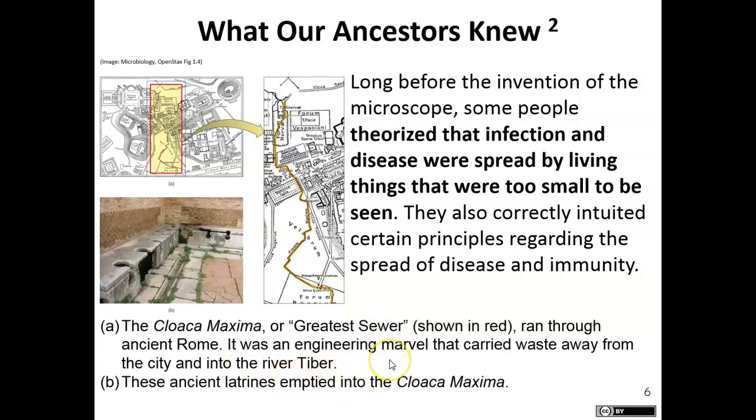So not the most sanitary thing. I mean, just dumping it into a river just causes other problems, but that's not something that they were thinking about. They were just trying to get the smell away from the city. So prior to this, a lot of places would dump their waste pots just in the streets, and that definitely was not sanitary.